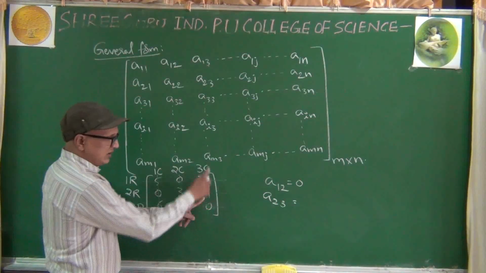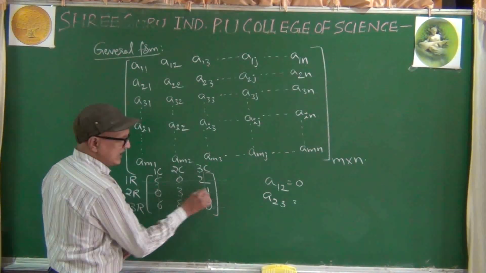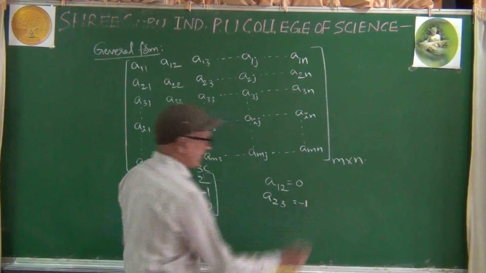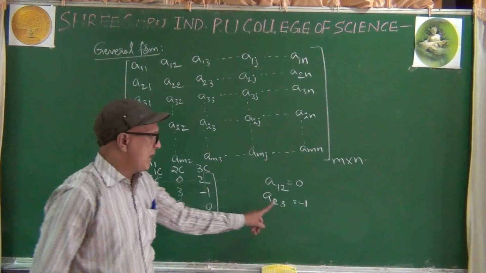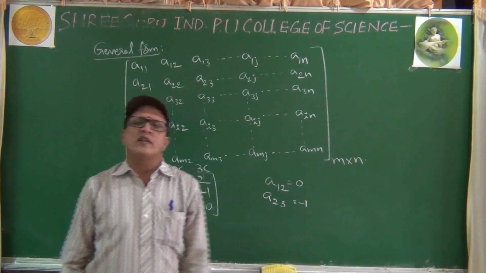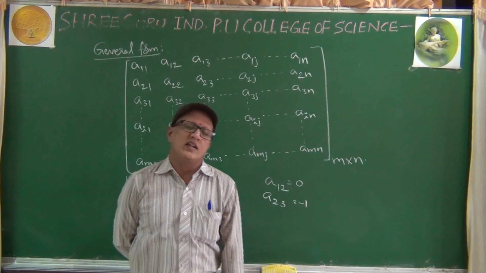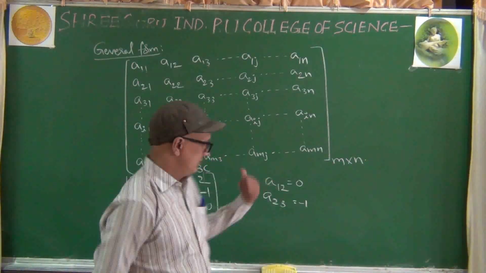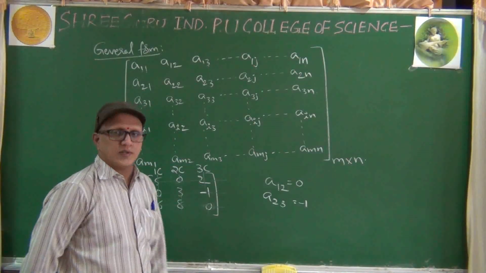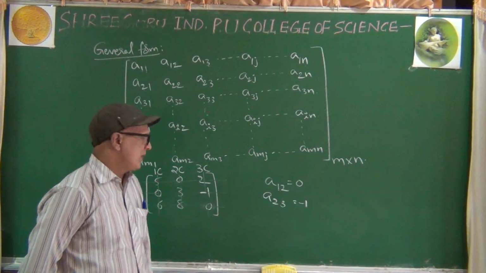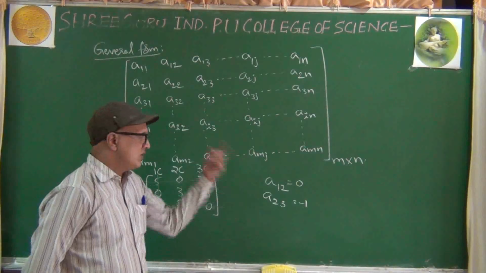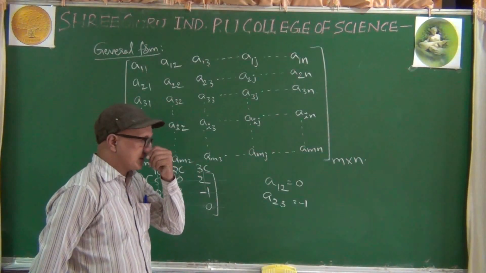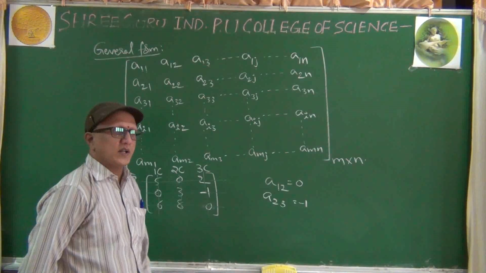Second row, third column is -1. So A23 is -1. This chapter is very easy. Among all the chapters, this is the easiest. If you show a bit of patience, you can easily score 9 marks from this chapter.